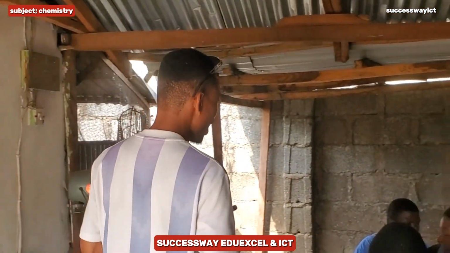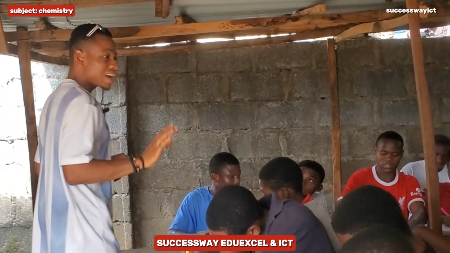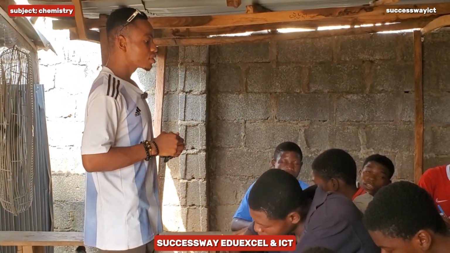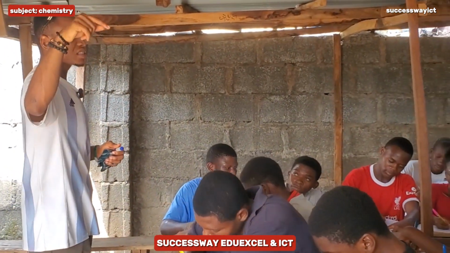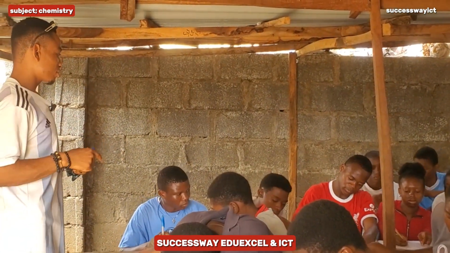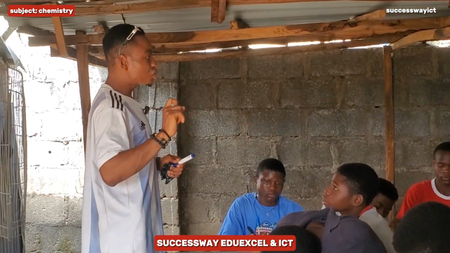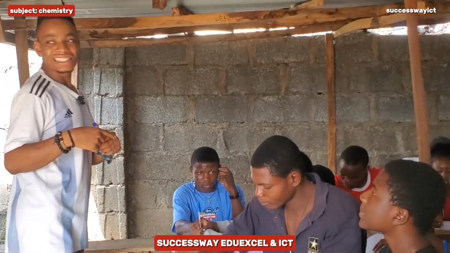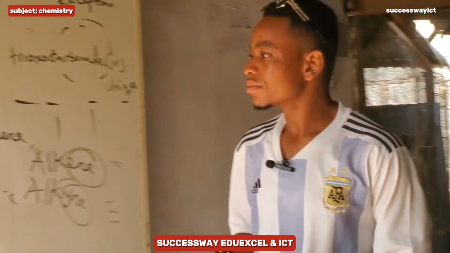Either straight, comma, branch. Write it as I said it. Straight, hope you can spell straight. Branch, past tense, branched. Ring, cyclic. Either straight, branched, or what? Cyclic. Take note, cyclic.